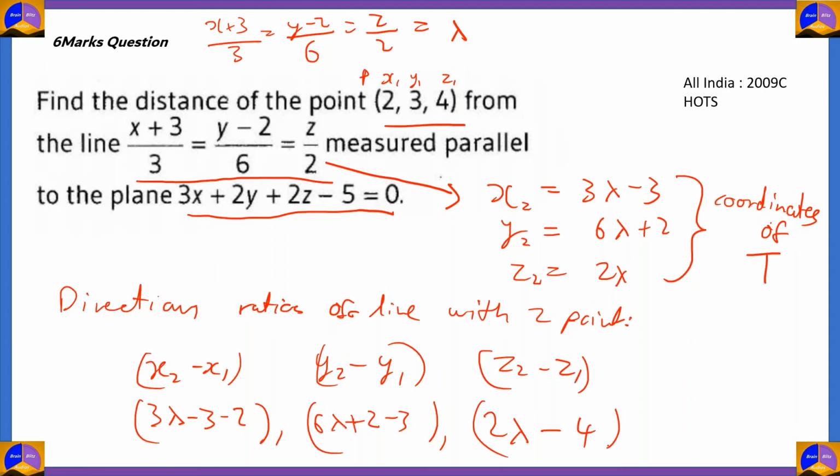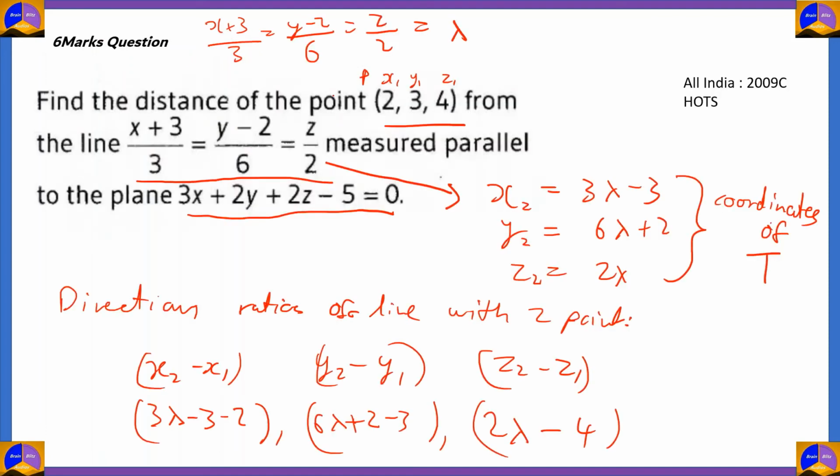So we get the direction ratios: A is equal to 3 lambda minus 5, B is equal to 6 lambda minus 1, C is equal to 2 lambda minus 4.